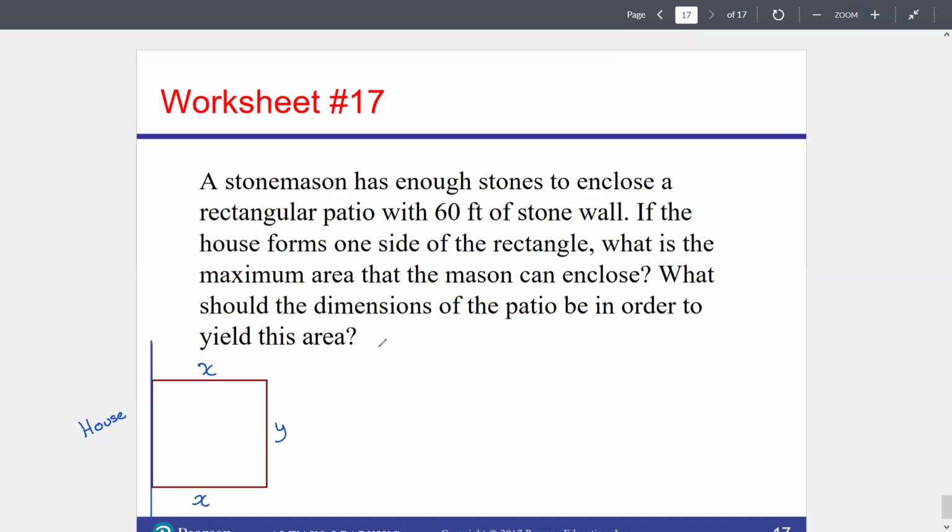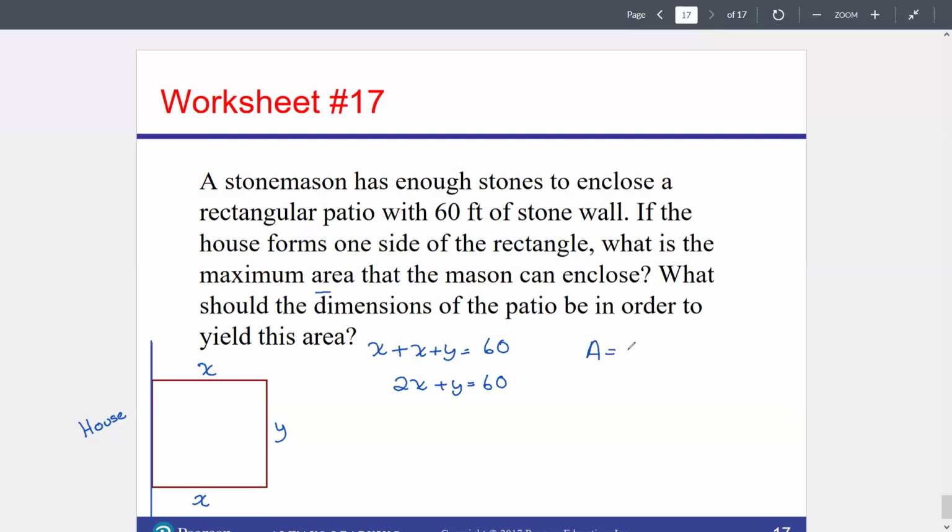So one of the things I know is that the total has to equal 60, because I want 60 feet of stone. So I can write that as 2x + y = 60. So what we're trying to do is enclose a maximum area.